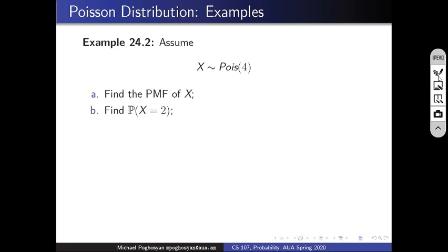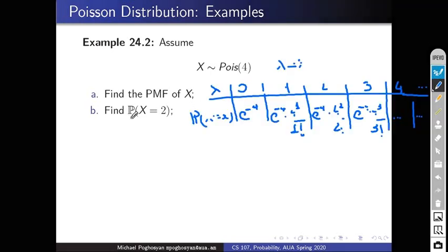So find the probability that x will take the value 2. So the probability that x will take the value 2 is given by e to the minus lambda, that is e to the minus 4, times... Unfortunately, after going back and forth, something is happening with my writing, so it is not visible.